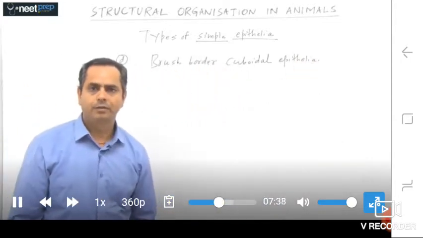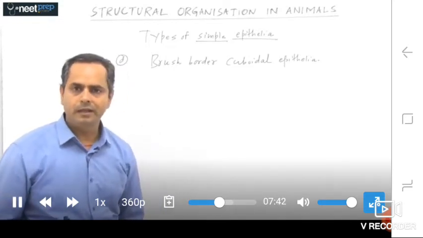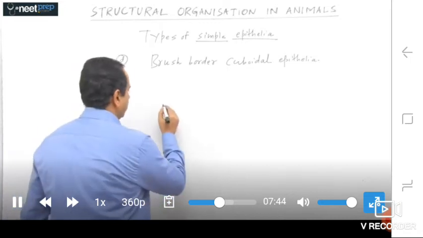Brush border cuboidal epithelia is like this.